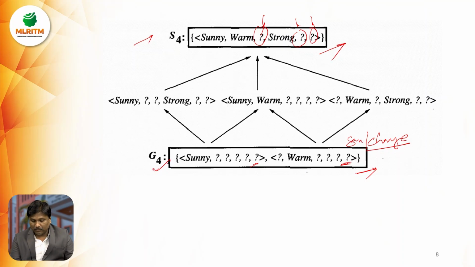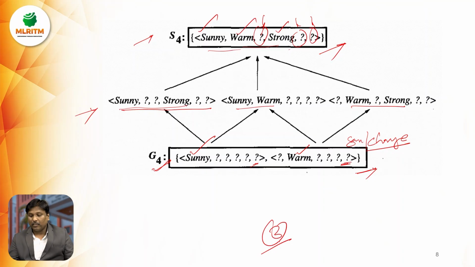Like that we can note down S4. So the final hypotheses are: sunny, strong; next, sunny, warm; and warm, strong. So we have three different values.